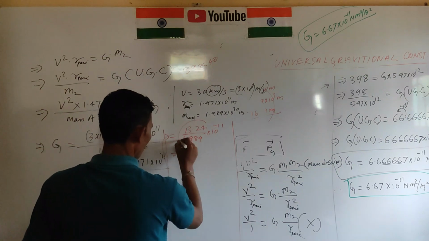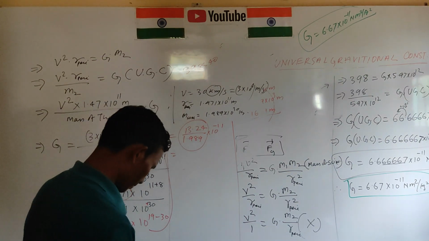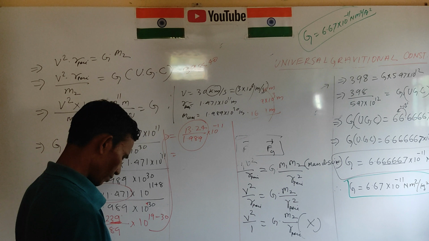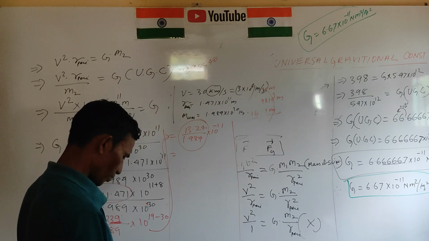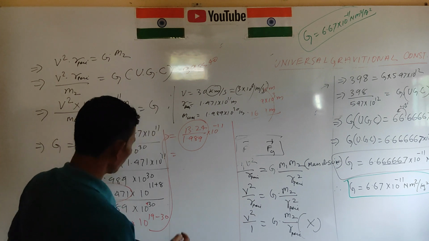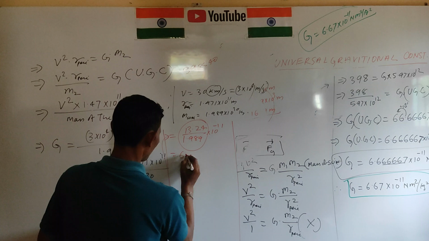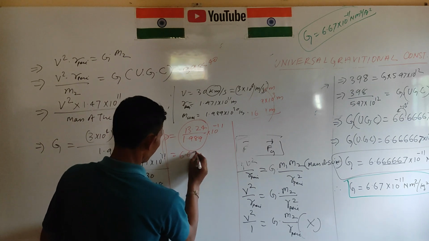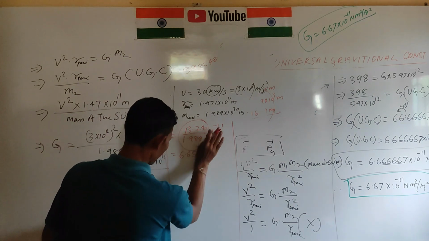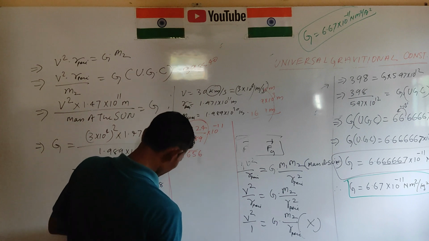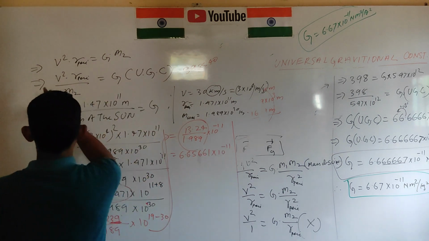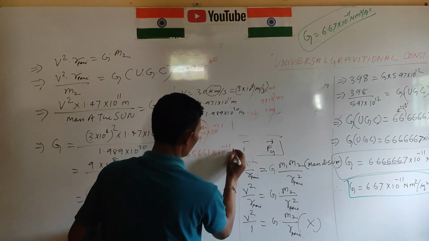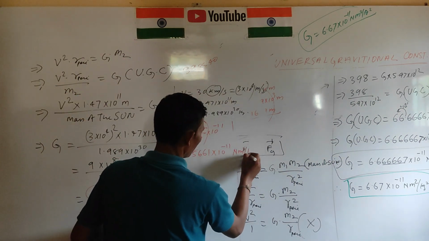Now calculate this: 13.24 divided by 1.989, that is how much? 6.65566 into 10 to the power minus 11, and this is the unit of the universal gravitational constant, Newton meter square per kg square.